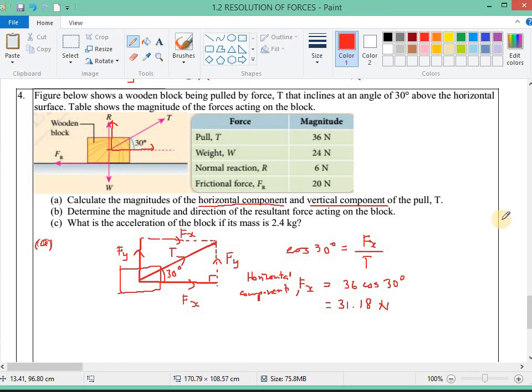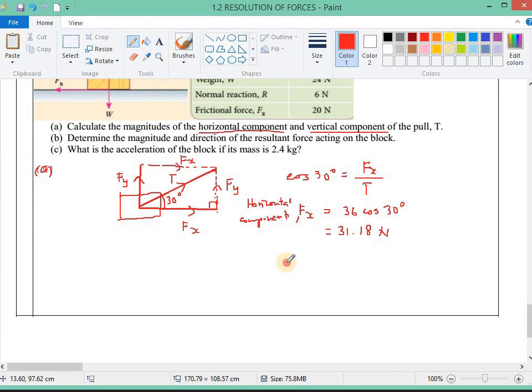Okay, vertical component. The vertical component is opposite of the 30 degree, so we can use sine. This one is the vertical component, Fy.